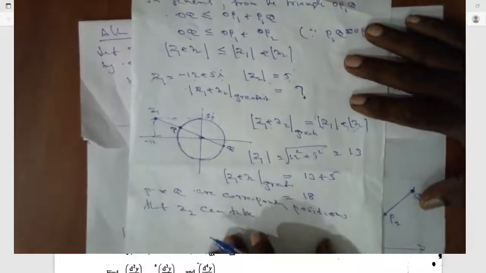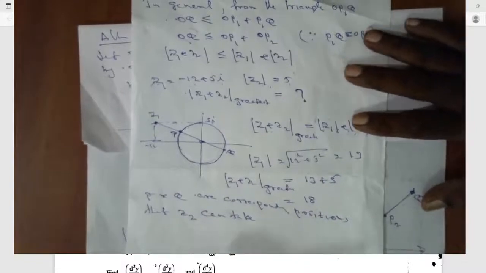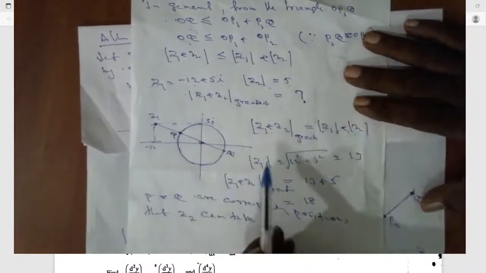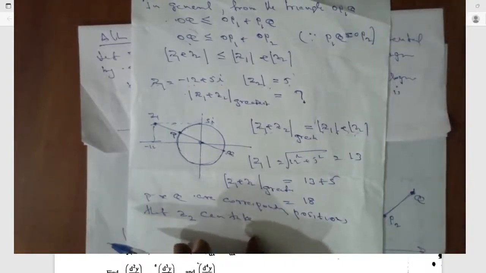Right? P and Q, these two points, both points are available. For both points, C1 plus C2 is greatest. Right? Greatest.